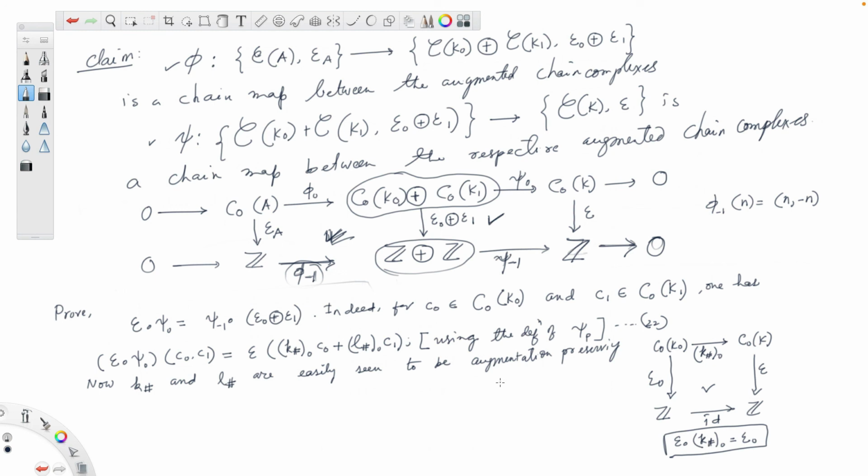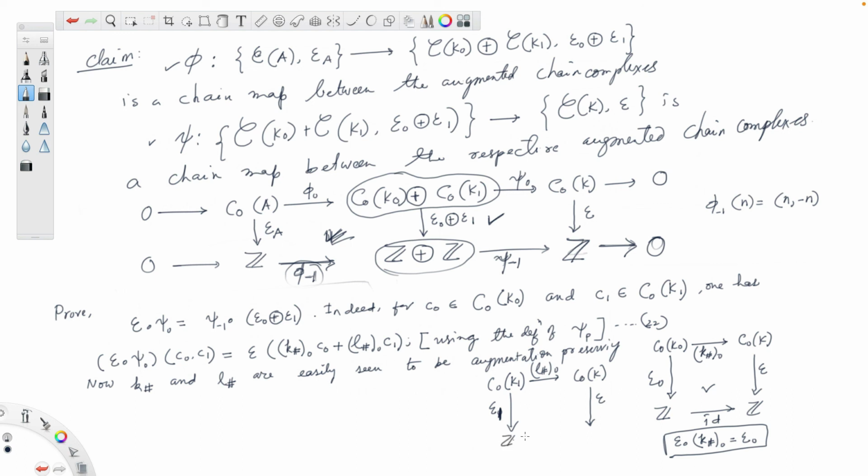There is another commutative diagram which is from C0 of K1 to C0 of K, which is L hash at 0. And there are these augmentation maps, in this case epsilon 1 and epsilon.